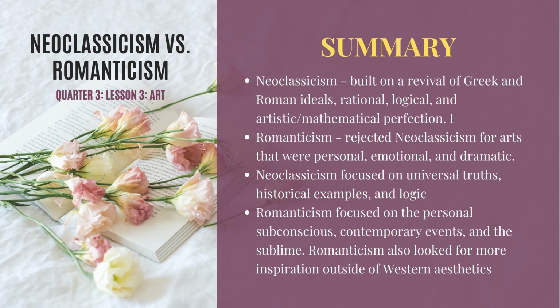Romanticism, however, focused on the personal, subconscious, contemporary events, and the sublime. Romanticism also looked for more inspiration outside the Western aesthetics. So it is an exotic Orientalism that didn't really break from Western traditions, but opened the door to greater exploration of non-Western arts down the road.